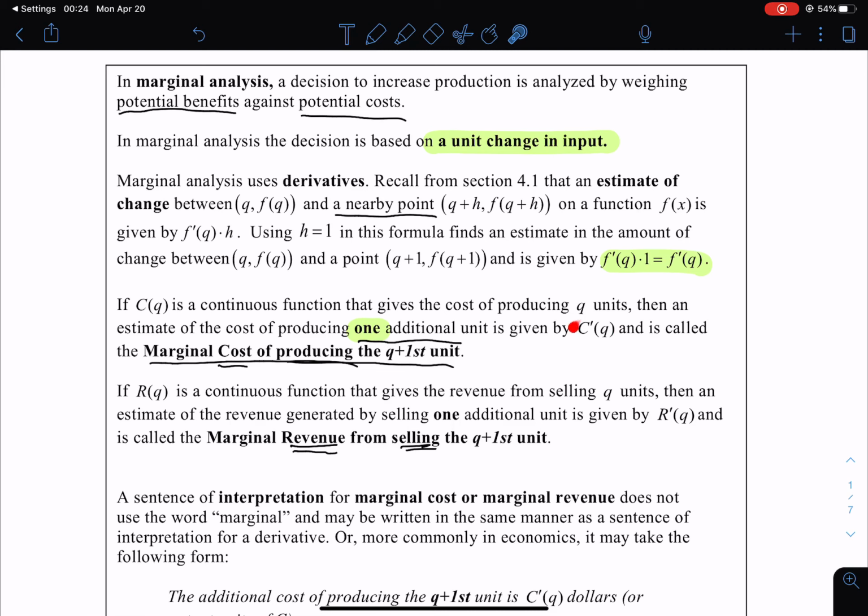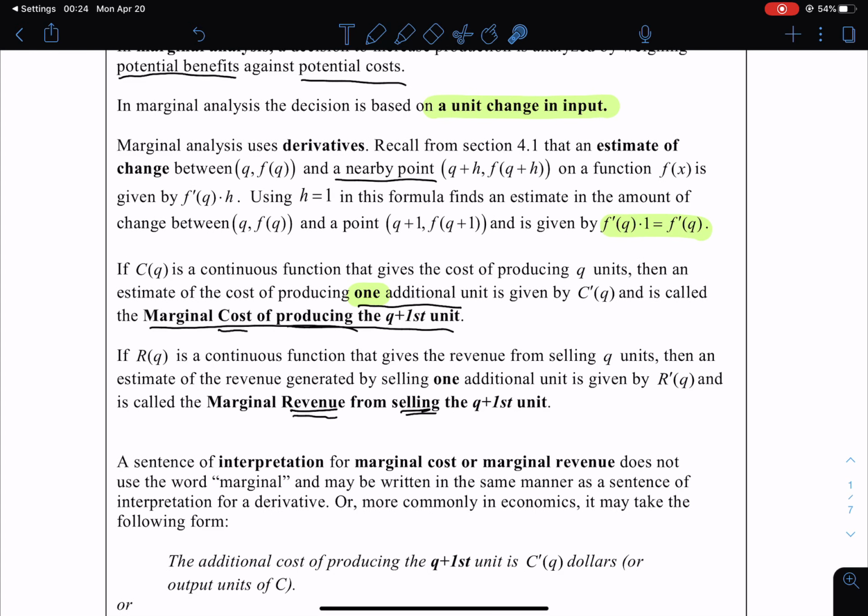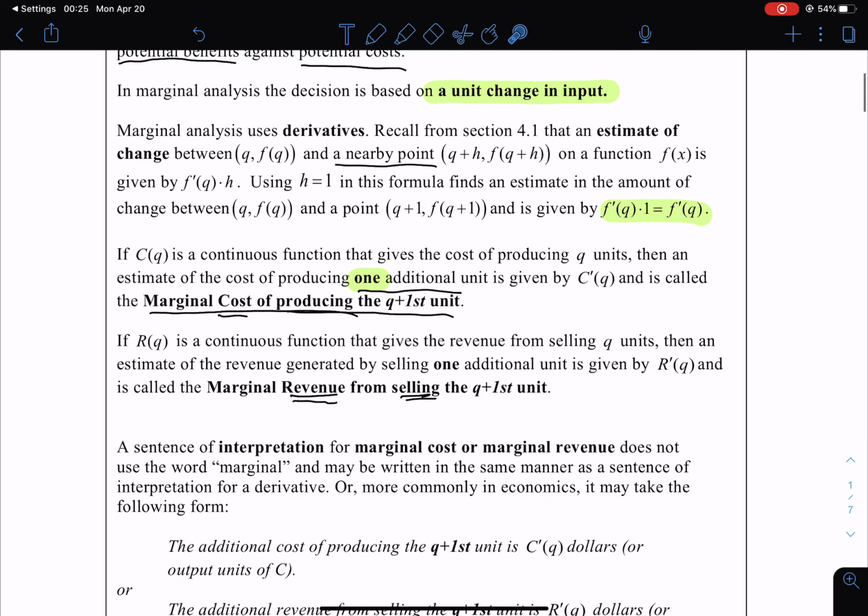Because C prime of Q multiplied by 1 is just the estimate of the change between Q, f of Q and Q plus 1, f of Q plus 1. So we can say this is the marginal cost of producing the Q plus first unit.